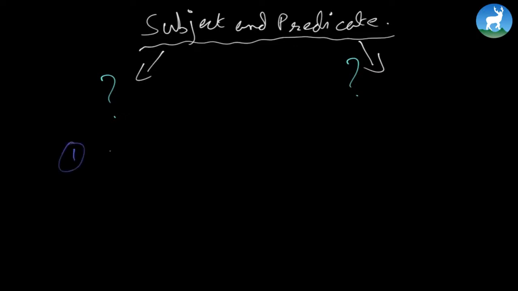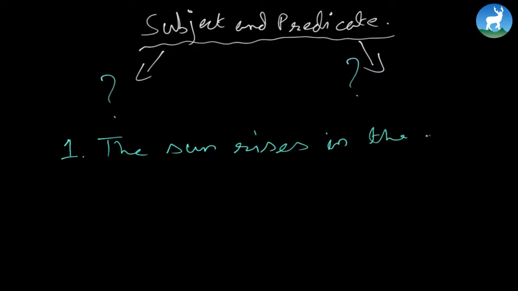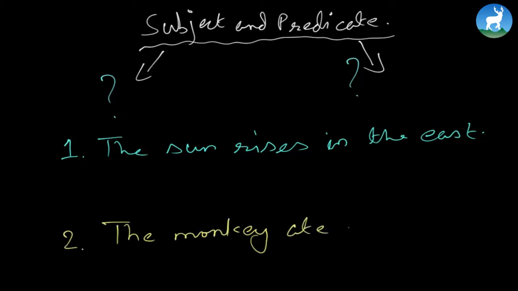Number one, the sun rises in the east. Second, the monkey ate the banana. So here are these two examples. Remember, the subject usually, not always though, begins at the very beginning of the sentence, and it usually answers who or what.